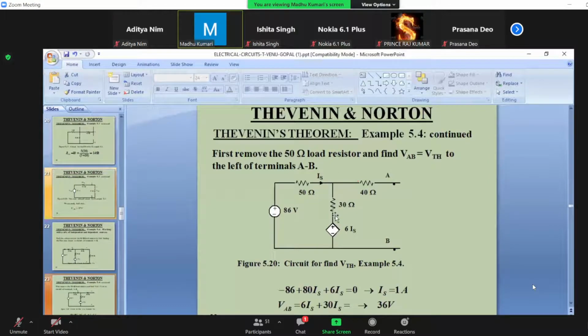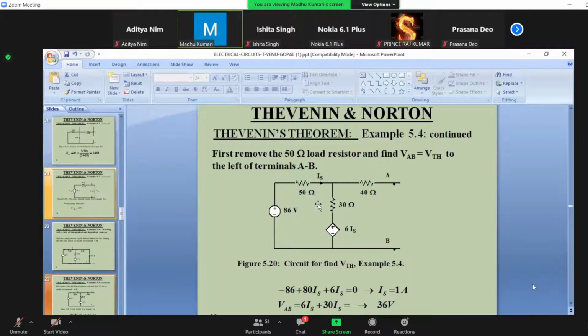Is it clear? The drop across A and B will be equal to the drop across the 30 ohm resistance plus this dependent source whose magnitude is 6 IS. So first we will calculate IS. How can we calculate IS?